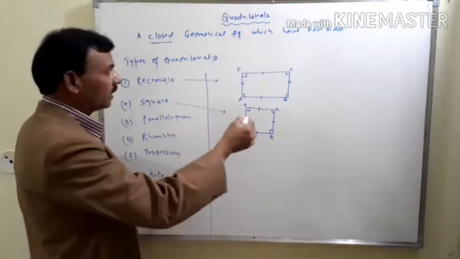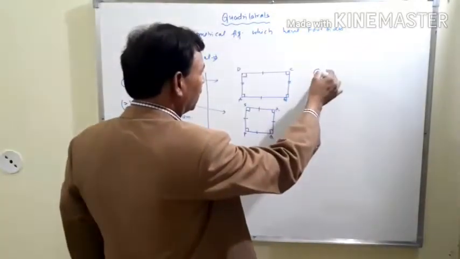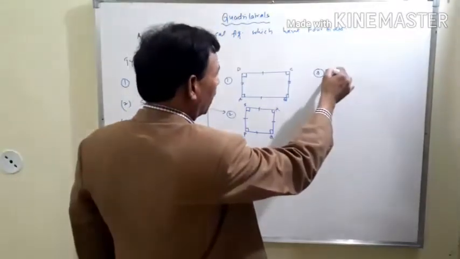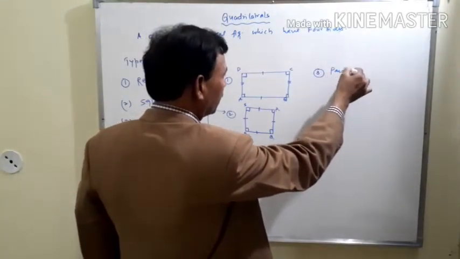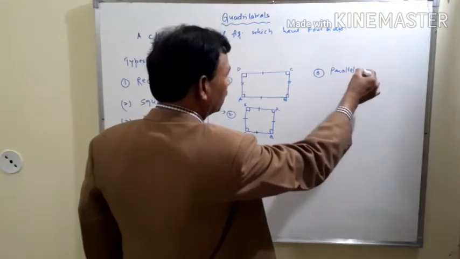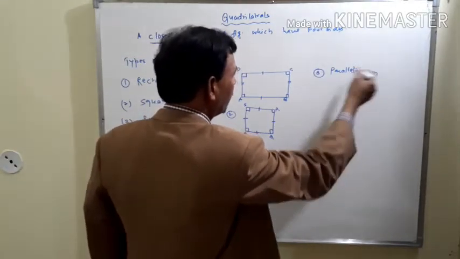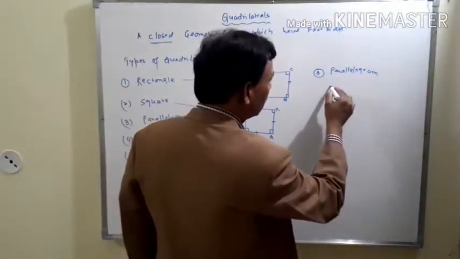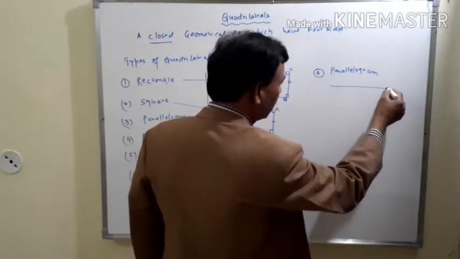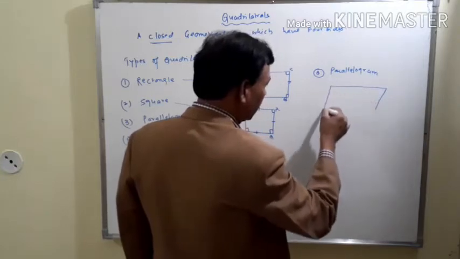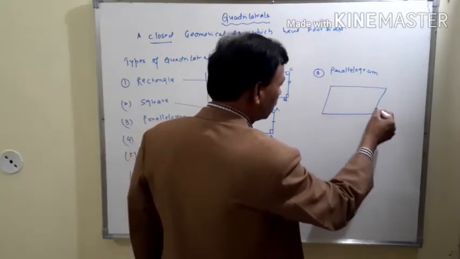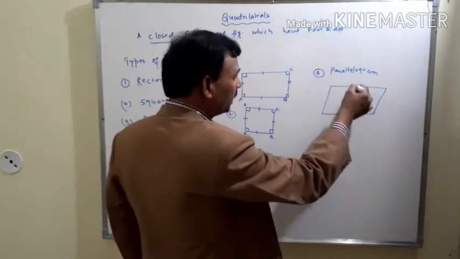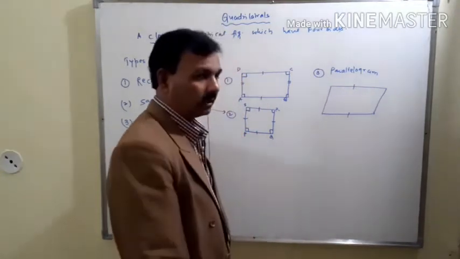Now we take the parallelogram, that means third. This is the first, this is the second, now third, parallelogram. A parallelogram is like a rectangle whose opposite sides are parallel and equal.